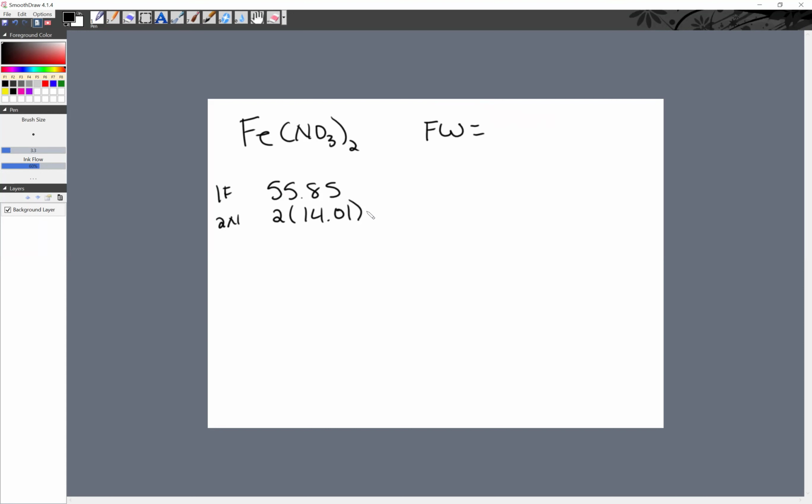And there's 6 oxygens, and I'm just going to round up to 16.0. That is the total weight of iron nitrate. Let's add it up there. Check myself, 124.02.